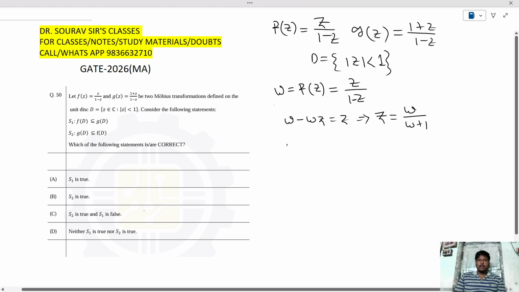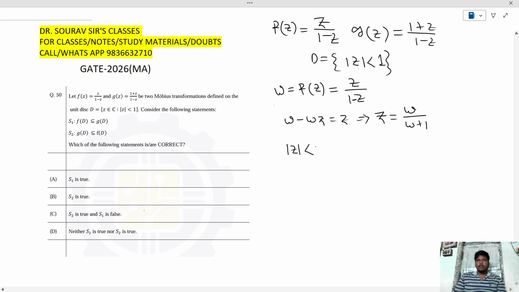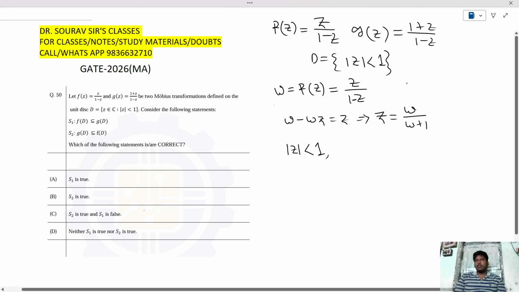This gives z equals w by w plus 1. So under disk D, mod of z less than 1. अगर mod of z less than 1 होगा और w को हम लोग पकड़ लेते हैं, w is a complex number u plus iv. तो mod of z less than 1 होगा मतलब mod of w by w plus 1 को भी less than 1 होना पड़ेगा.